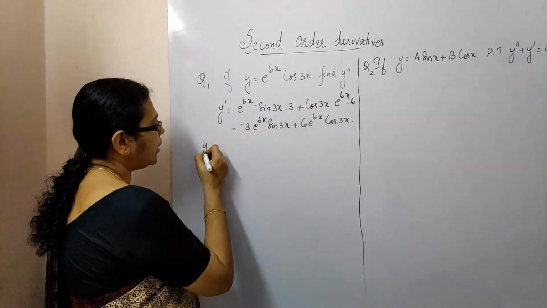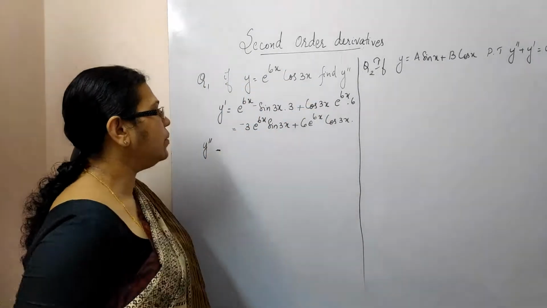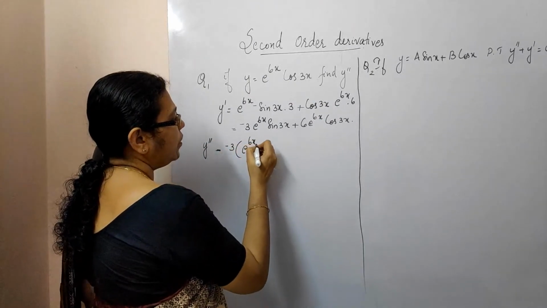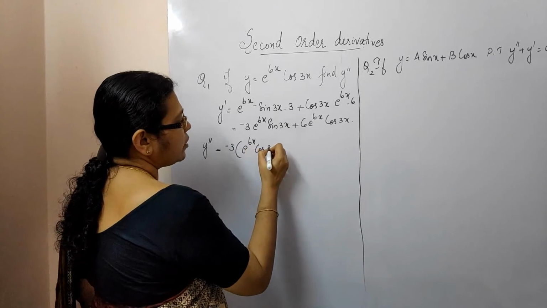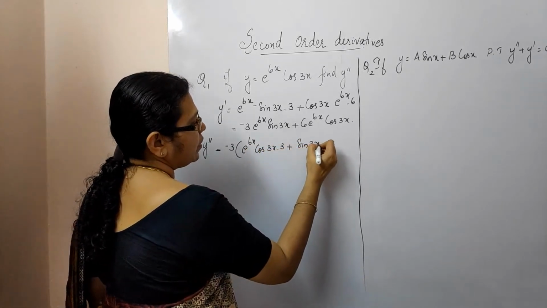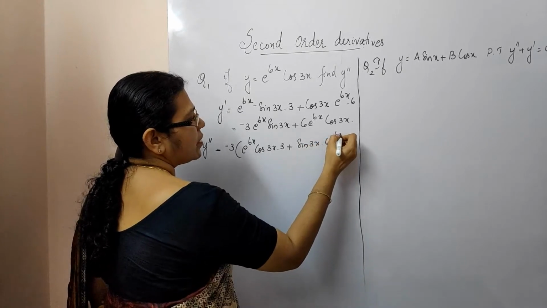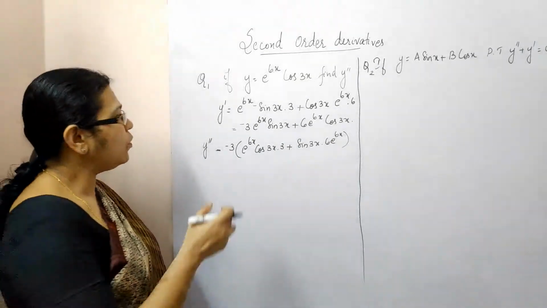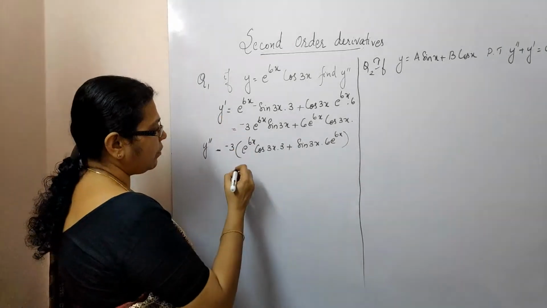Now what is y2 dash? It is equal to minus 3. Let it remain outside. First function into derivative of sin 3x, which is cos 3x into 3, plus sin 3x into 6 e raised to 6x. Okay, so it finished the derivative of e raised to 6x. So the second derivative is what I am finding.